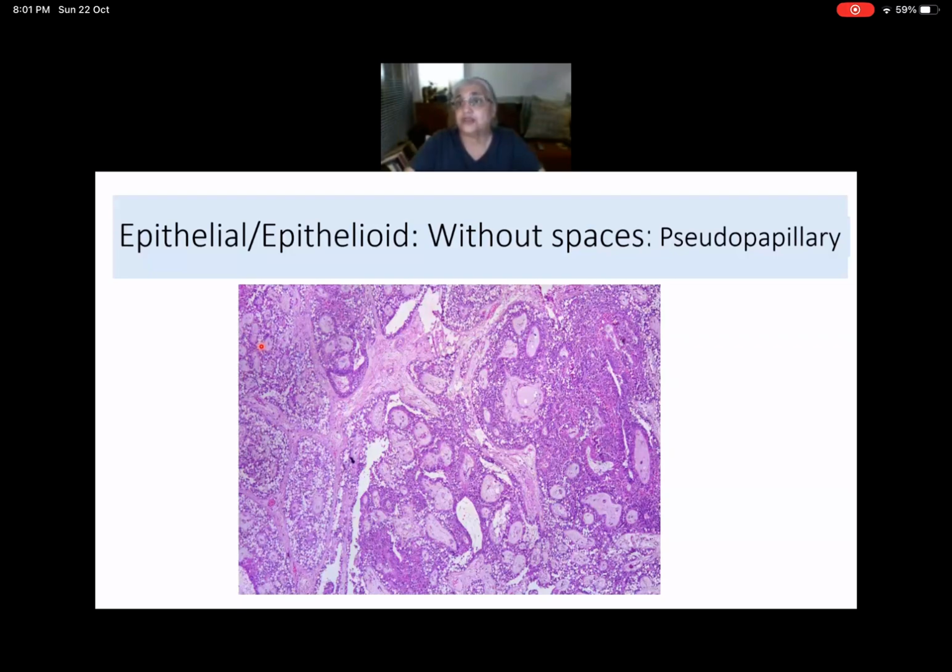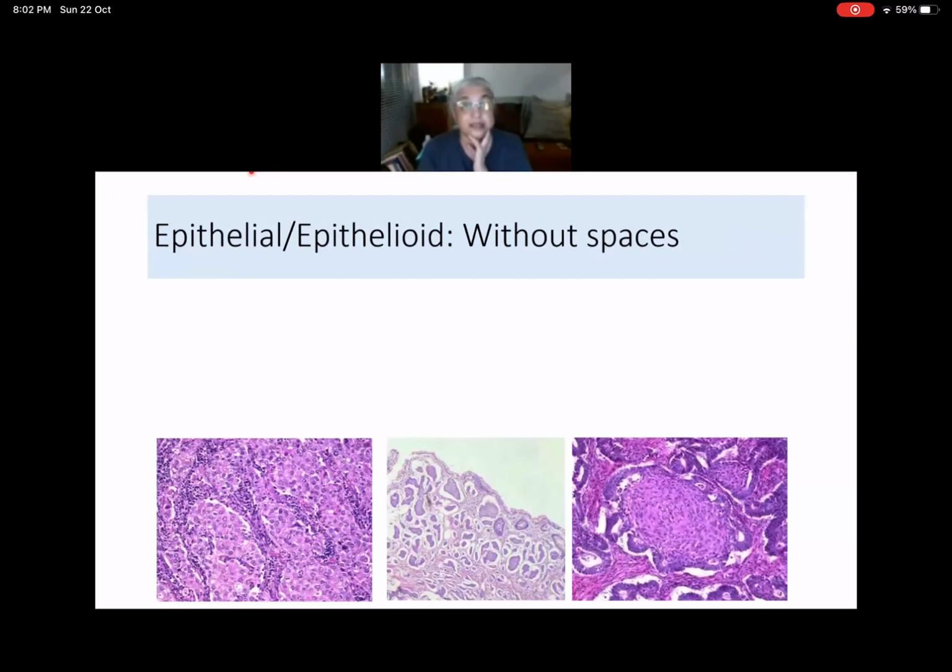The mechanism of pseudocystic and pseudopapillary appearances is the same. You get either edema or the falling apart of cells, getting detached from one another, and you get this kind of pseudo-papillary appearance.